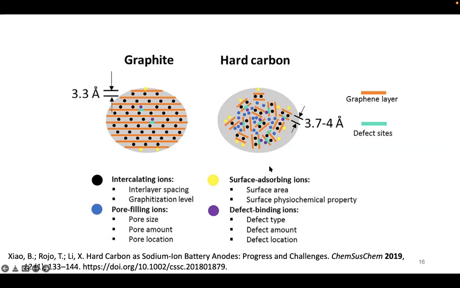You can also have surface adsorbing ions. So here you see in the yellow circles, they're not intercalated in, but they're right on the outside of the nanodomains, and they're adsorbed or chemisorbed, as you'll see the terminology used in various papers. And then there's also these defect binding sites.